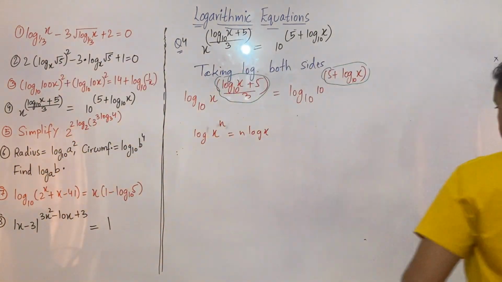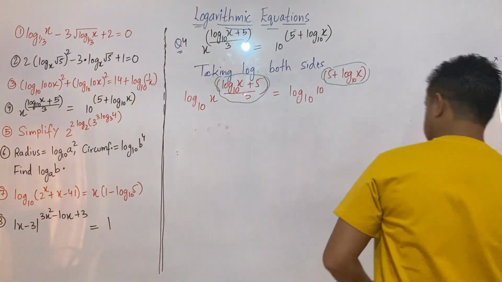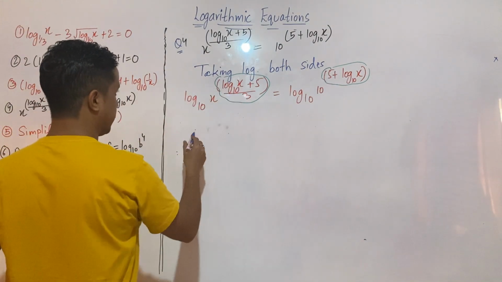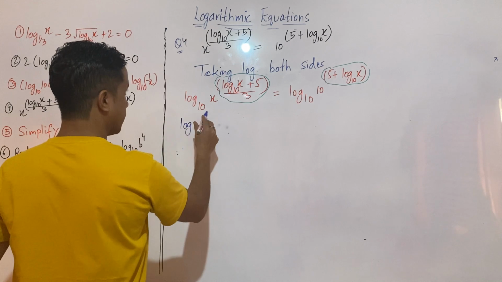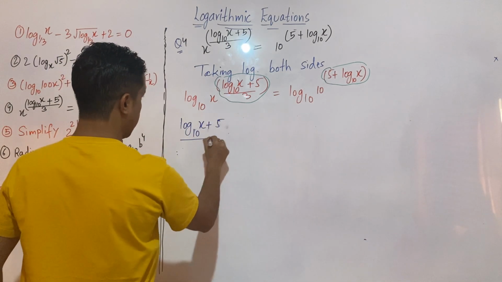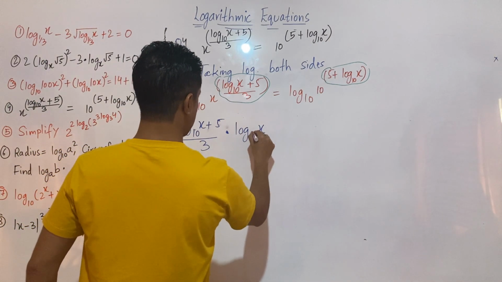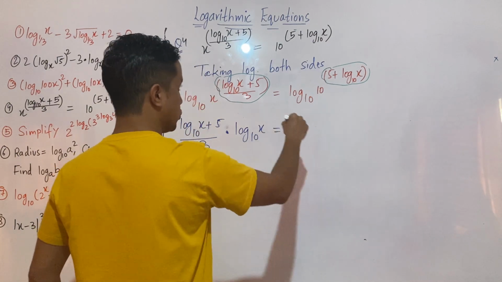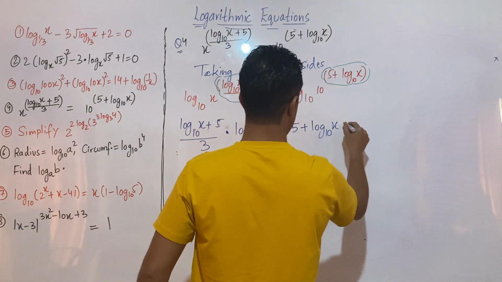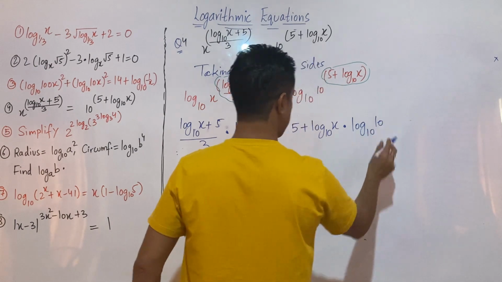We will make use of this property both sides. So what we will get here is log x to the base 10 plus 5 divided by 3, multiplied by log of x to the base 10, is equal to 5 plus log x to the base 10, multiplied by log of 10 to the base 10.